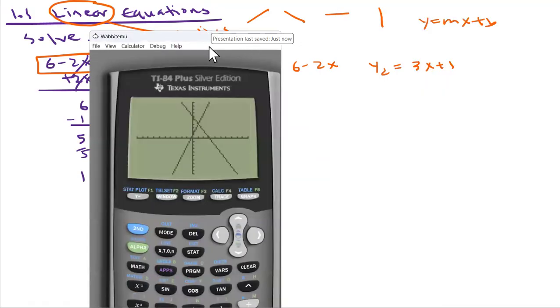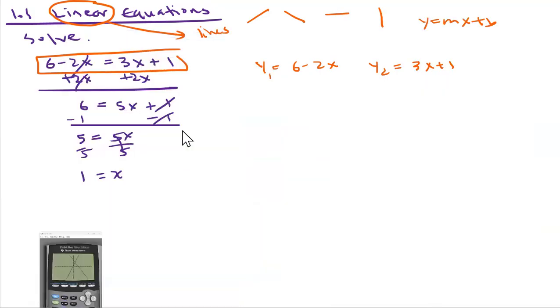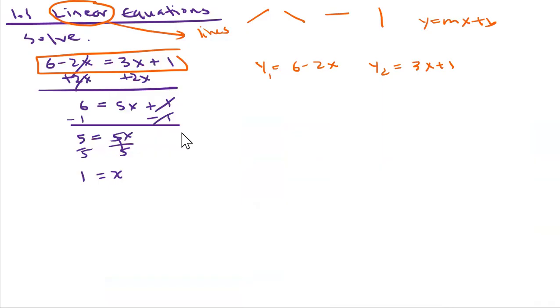In fact, you're going to have three different scenarios, or in this case, three different solutions. I would write this down if I were you. I just demonstrated one of them, where they're going to cross.